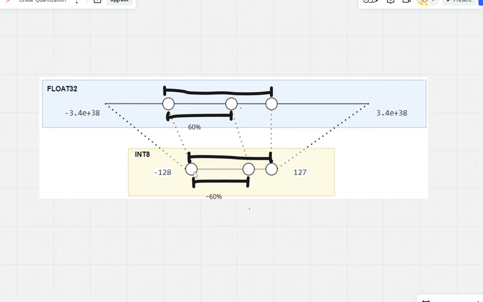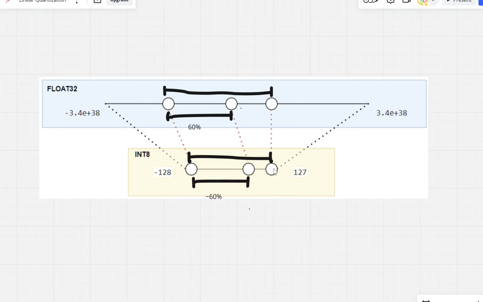So if the distance between these two is 60% of the total range between the minimum and maximum value, then their distance should be approximately 60% of the total range here when it's quantized. When we change the numbers and we cast them down to int8, their distance should be 60% of the total range here as well. And that is what I mean by relative distance between values. And that is what we mean by linear.